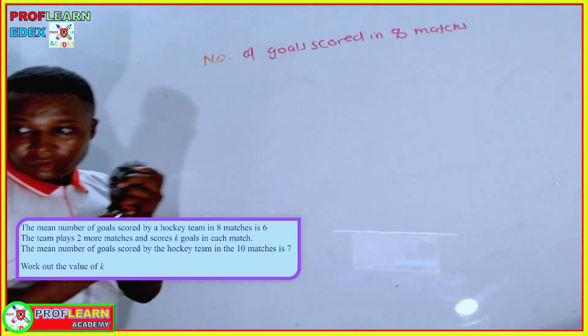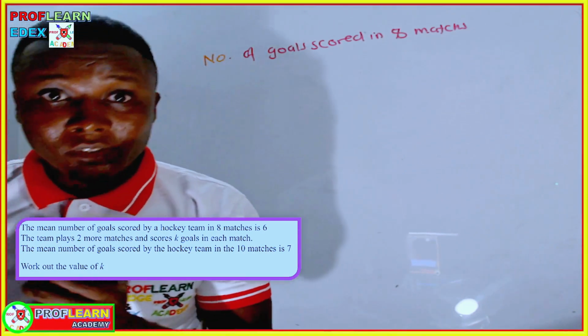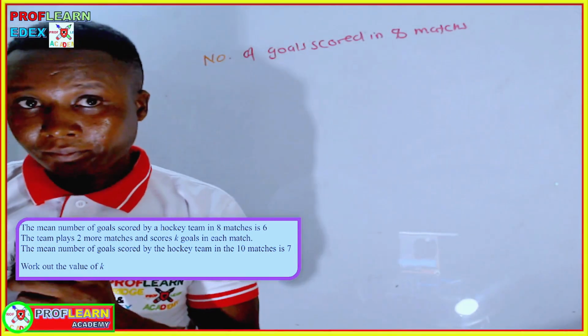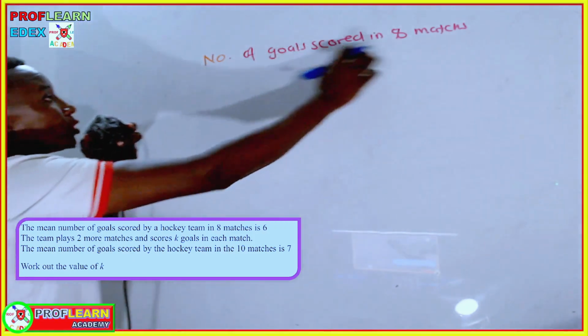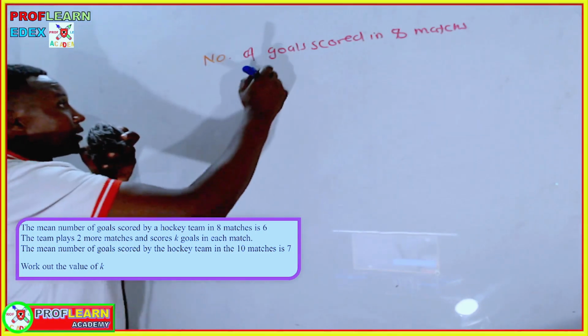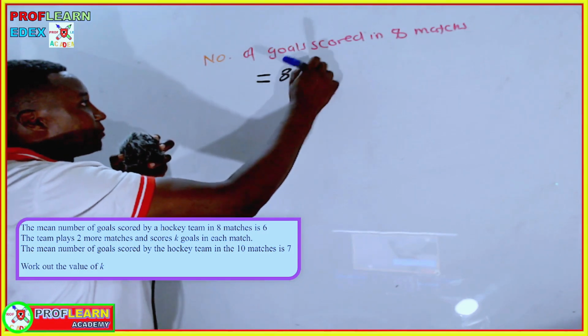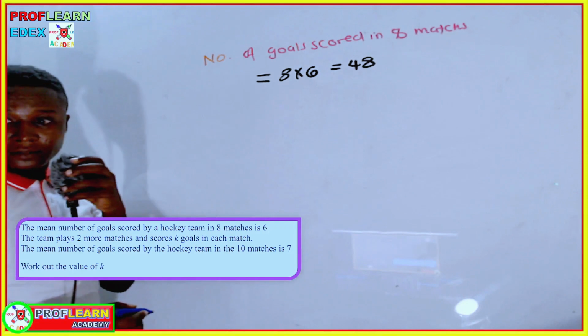Because we are told the mean of the number of goals scored is 6 for these 8 matches, how many goals were scored in the 8 matches? That's going to be equal to 8 times 6, which translates to 48.